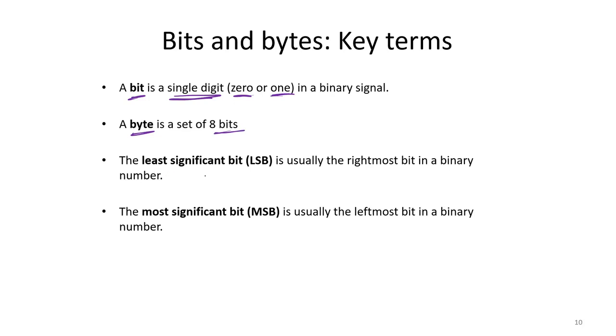And then, depending on our conventions, we often define the least significant bit as the rightmost bit in a binary number, and the most significant bit is the leftmost bit in a binary number. We'll see how this works in just a moment. But please make sure you remember these terms.